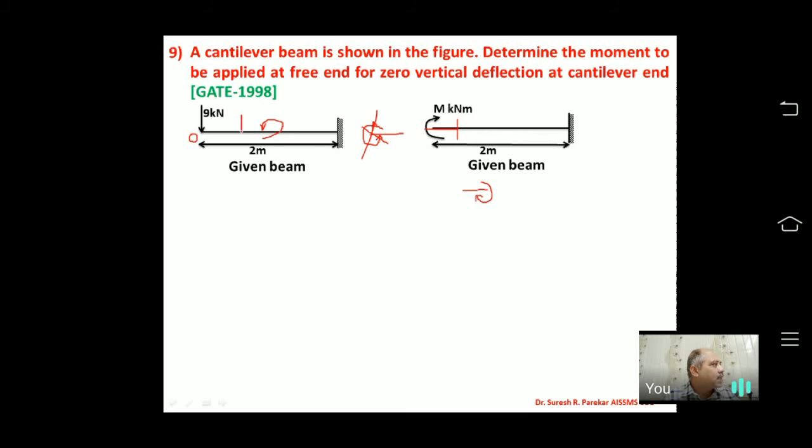Similarly, if I consider a section over here, I am going to get bending moment anti-clockwise, and if I plot anti-clockwise, it will take the beam down. So the bending moment diagram due to 9 kilonewton you will get downward, and bending moment due to this M clockwise you will get upward. Then only are we going to get this deflection 0, because the bending moments due to 9 kilonewton and due to M should be in opposite directions.